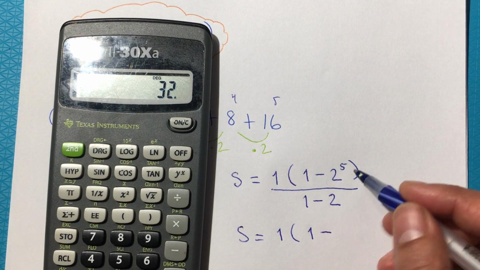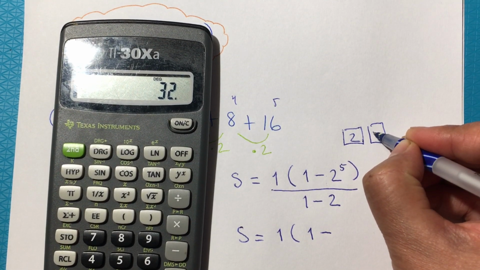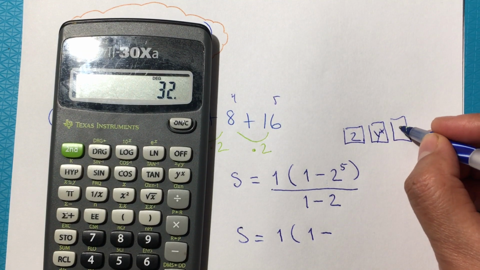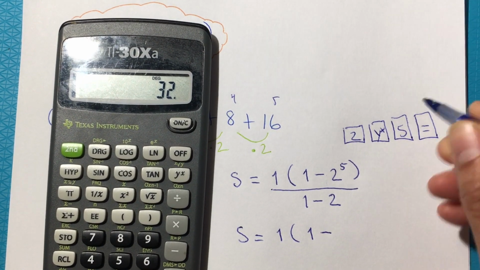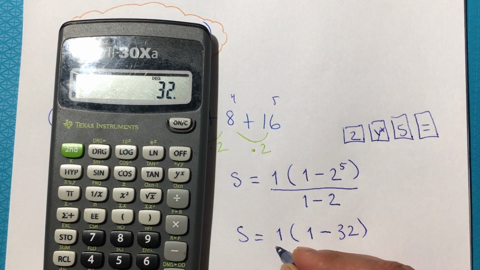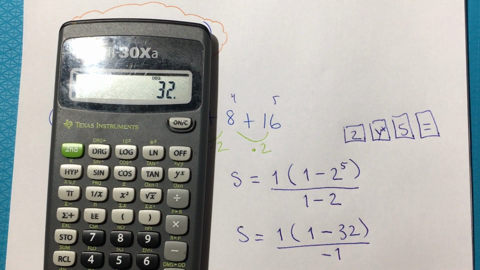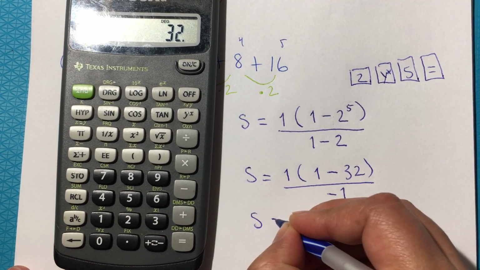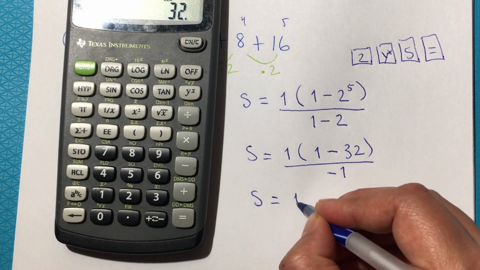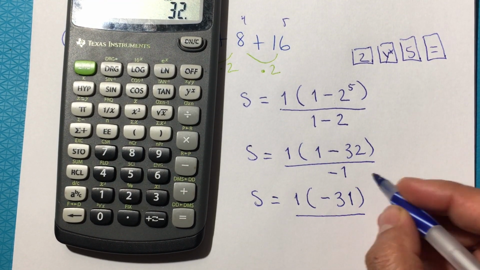If you're doing just this part, the base, power button, the 5, and equal. That's just to do this part. So that's 32. Divided by 1 minus 2, which is negative 1. The sum is equal to 1 minus 32, which we said is negative 31, divided by negative 1.